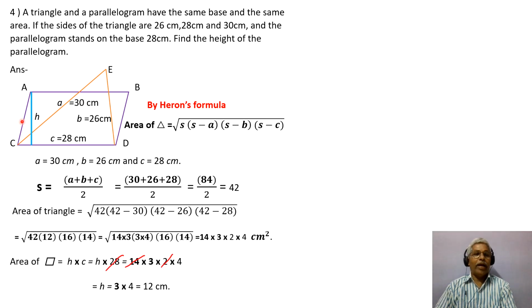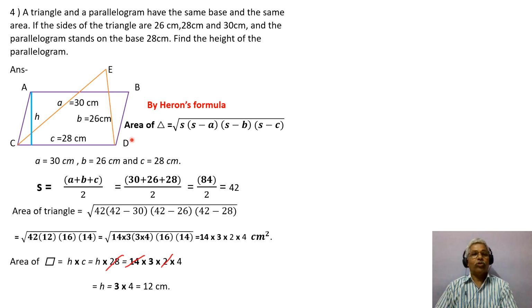And for the parallelogram we have the base and we have to find the height. The area is the same as that of the triangle, so that is a very easy problem now. So these are the sides, and the last point is find the height of the parallelogram.